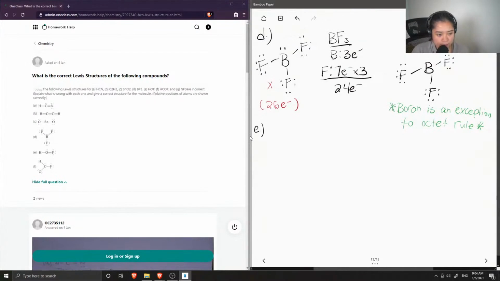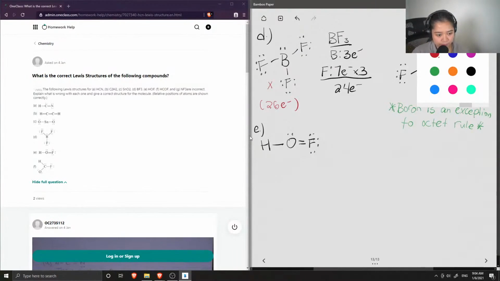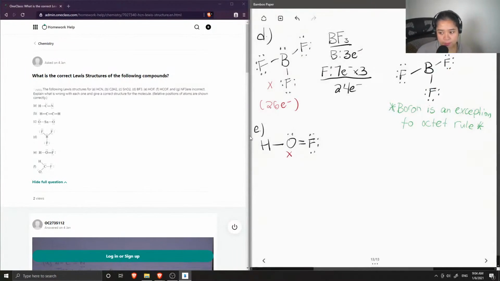Okay, so now moving on to E. Already you can see that something is wrong because the fluorine has a double bond. And typically it's not that common for fluorine to have a double bond. And you'll notice that it has more than a full octet as well, which is unlikely, so I'll just say fluorine has more than 8.